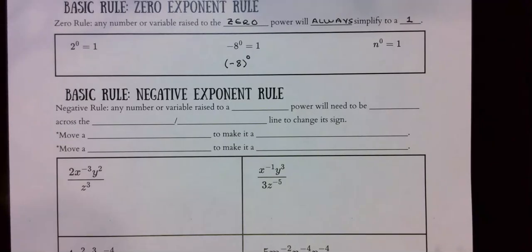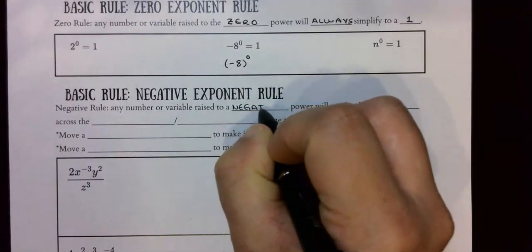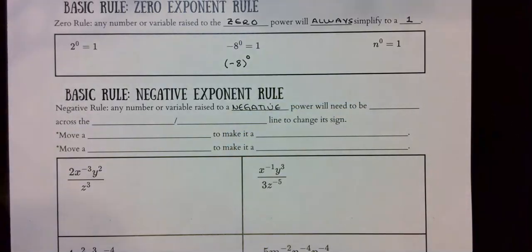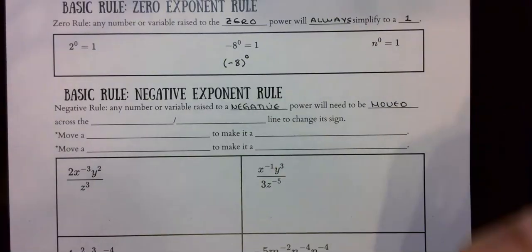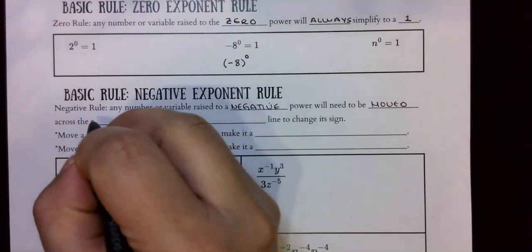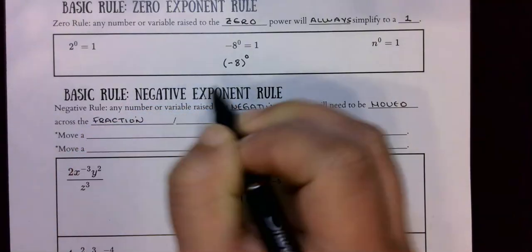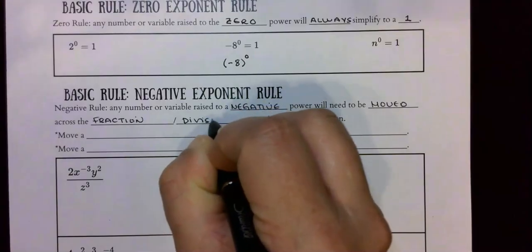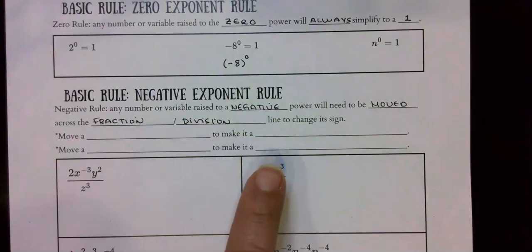It says the negative rule is any number or variable raised to a negative power will need to be moved across the fraction, or division, line to change its sign. I'm going to use those two words interchangeably.